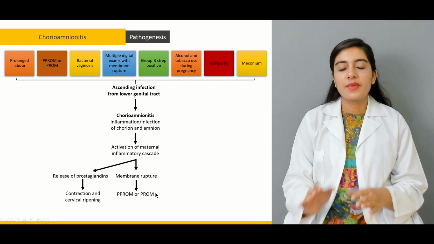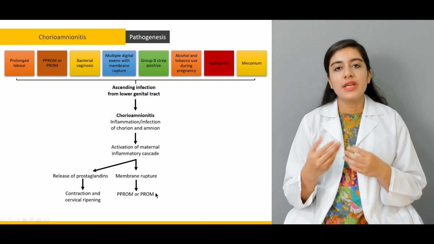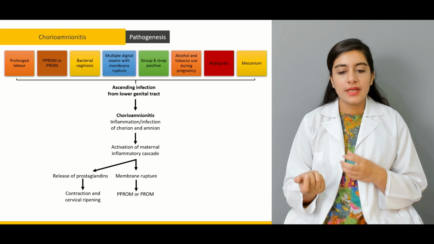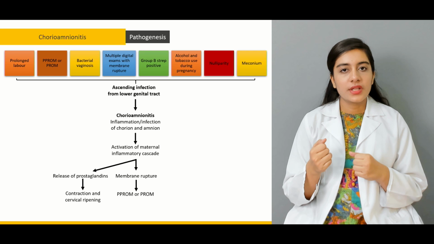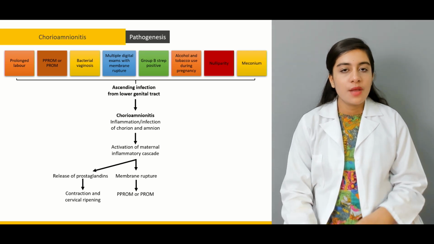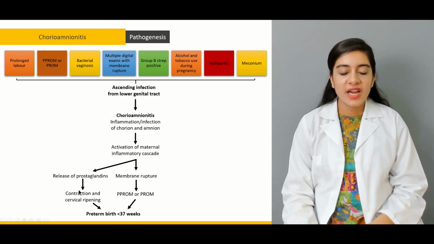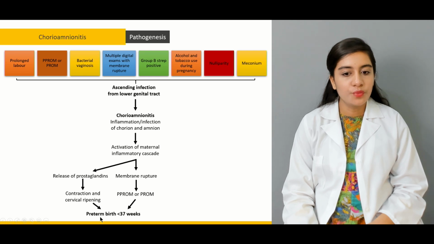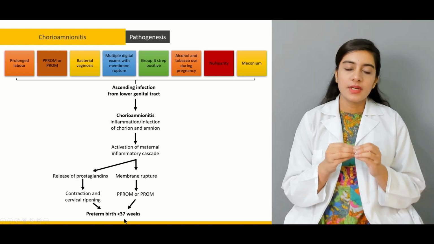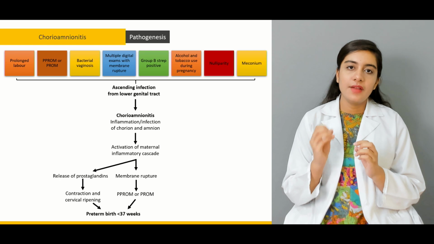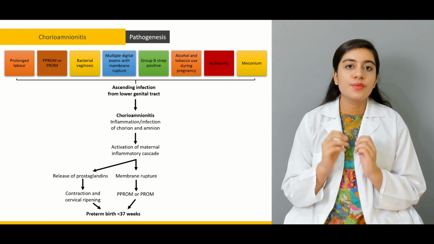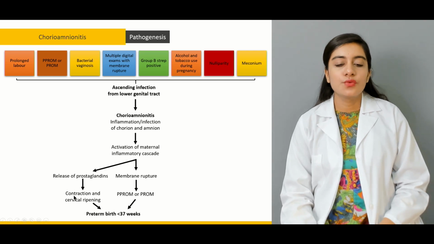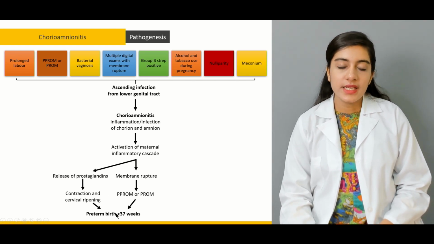And if the membrane is ruptured, there can be preterm rupture of the membrane. Both of them will lead to preterm birth. Any birth that is even one day before the completion of the 37th week is known as preterm birth. So these two can lead to preterm birth.